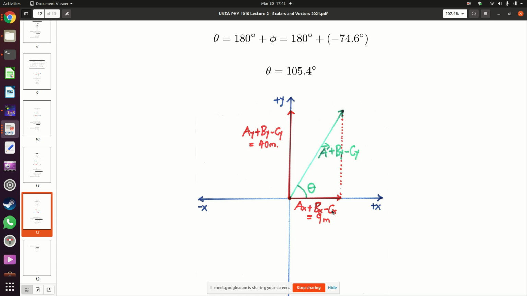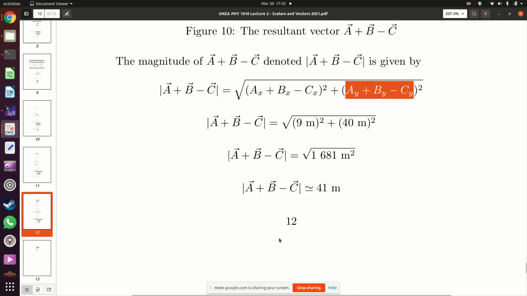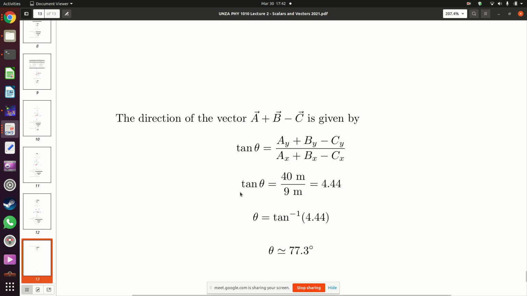Therefore, we do not work out phi. We just straight away work out theta. In this case, we work out tan theta is equal to the y component divided by the x component. The y component is 40 meters divided by 9 meters. That gives you 4.44.